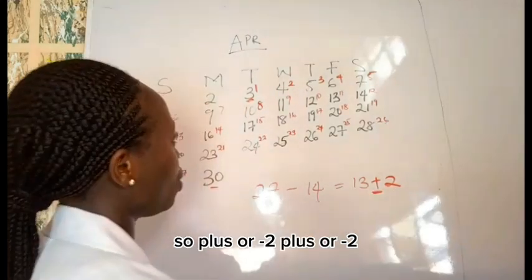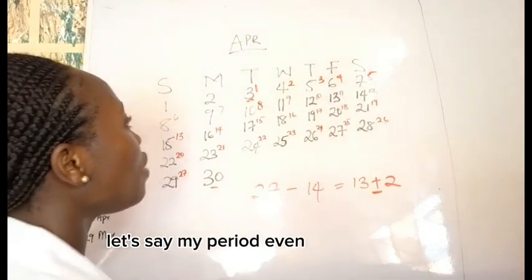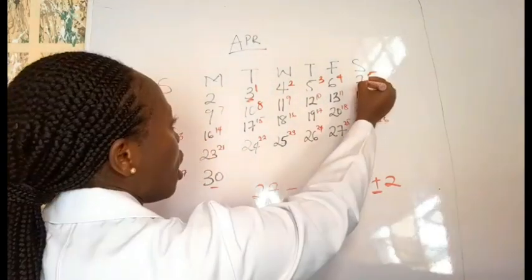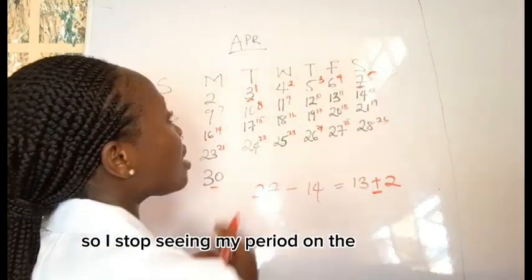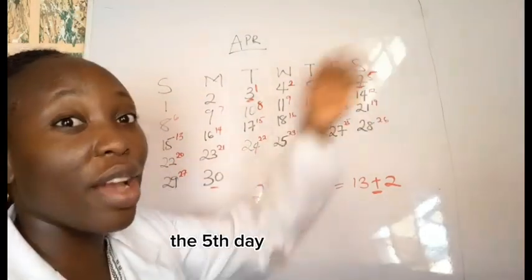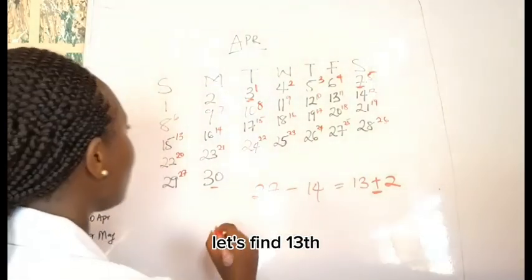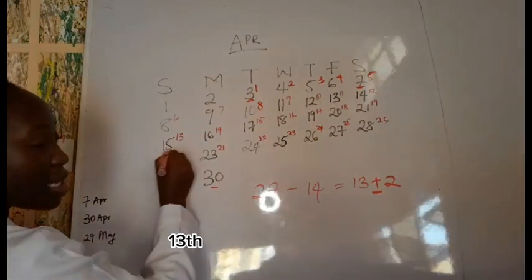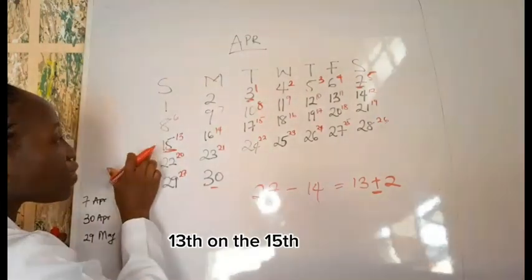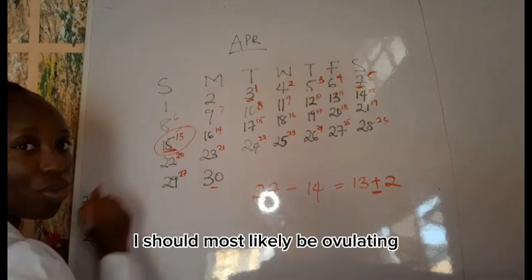Coming to this place, let's say my period lasts for 5 days. So I start seeing my period on the 3rd of April, which is the 1st day of my cycle. So let's find day 13. On the 15th of April, I should most likely be ovulating.